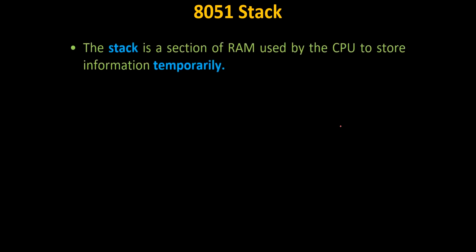Now we'll see the operation of the stack. Remember, the stack is a section of RAM. The area to remember is that its starting address is 08H, and 08 plus 8 gives 0F.